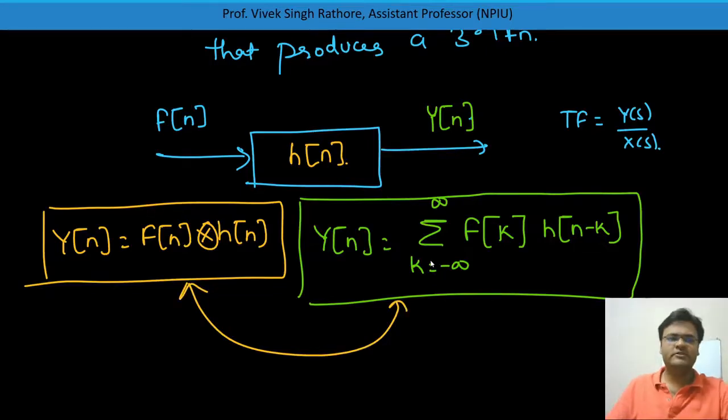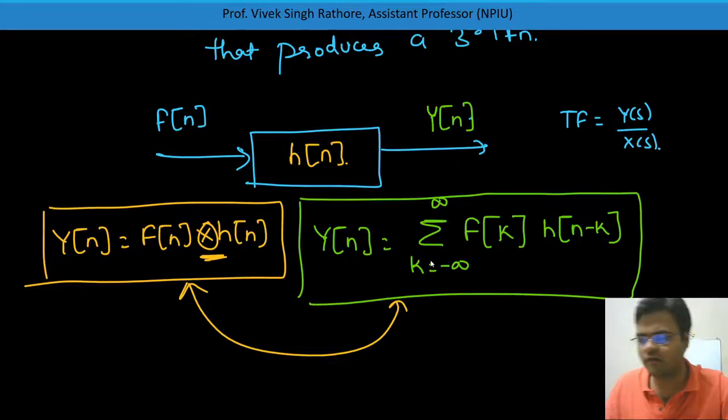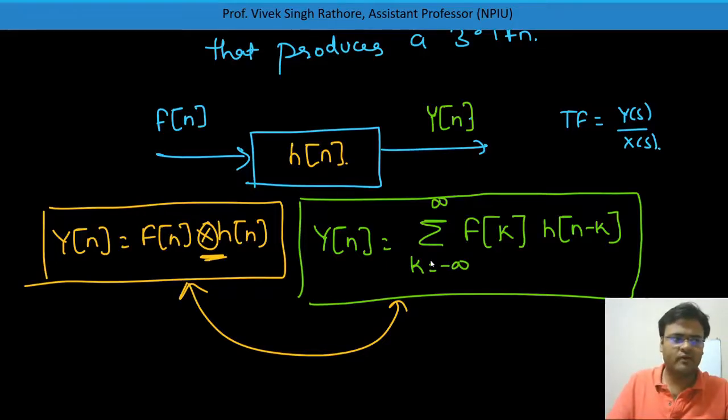So you can understand that in convolution what we are doing is getting the response of a linear time invariant system. We are doing convolution, a mathematical operation of one signal with another signal, and getting a third signal as a response. So now you can understand f of n and h of n were there, and you have done f of k and h of n minus k.